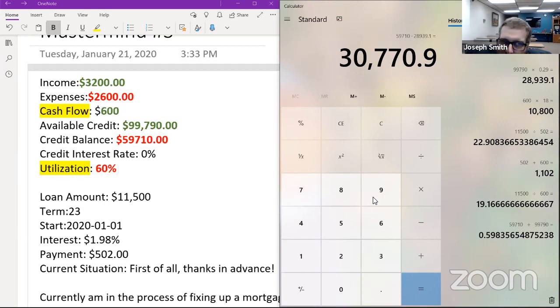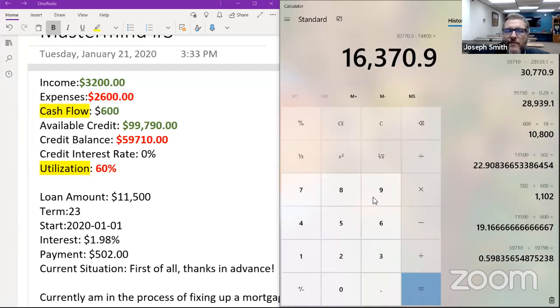Let's say in the first year we're able to reduce that by about $14,400, just 2 years of doing this with the $600.